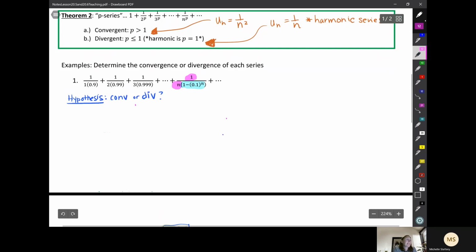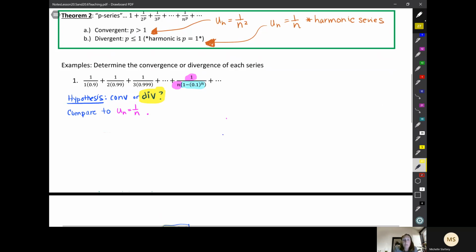That makes me think it's very similar to 1 over n, which is the harmonic series. So maybe I want to compare it to the harmonic series, which is u sub n equal to 1 over n. I know that the harmonic series is divergent, so I'm hypothesizing that it's going to be divergent.